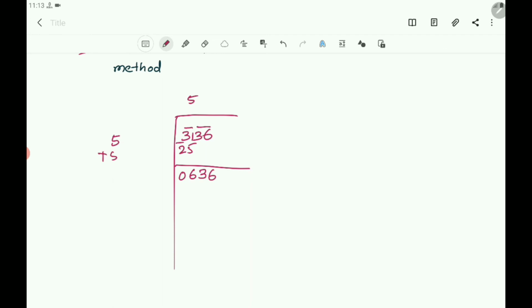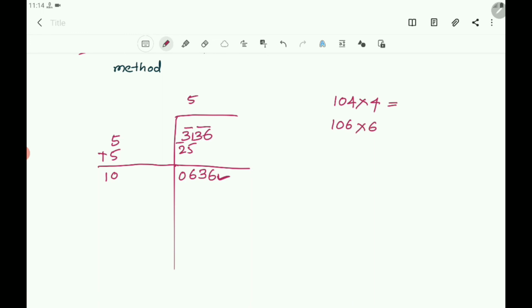Here add 5 or double it. Then it becomes 10. In front of 10 we must put some digit to get the product 636, as 3136 is a perfect square. As the ending digit is 6, you must put either 4 in front of 10 multiplied by 4, or 6 in front of 10 multiplied by 6.